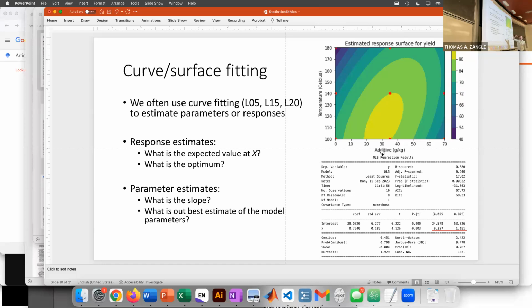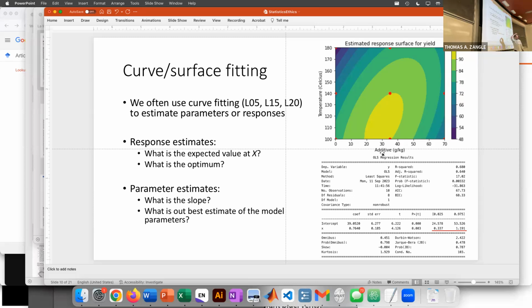We can't really use it to find an optimum, but we could at least find the expected value at a given result. We could also use that to do parameter estimates. So if we want to know the slope of the relationship between two values, we can use linear regression to find that. Lecture 15 was something covered on quiz 6 with more regression.